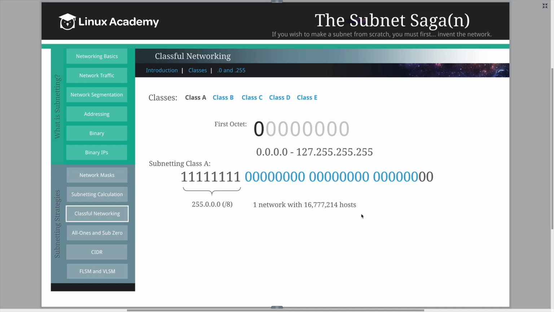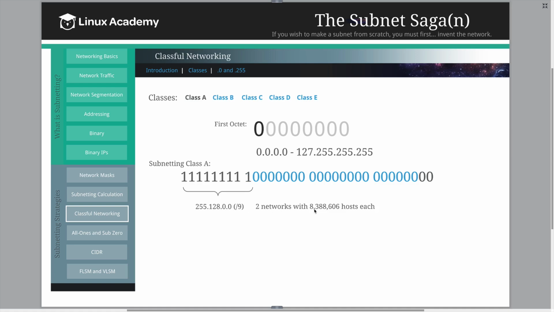So we can borrow some bits from the host portion of this Class A network. We can't mess with the network portion because that's the master network. But if we're subnetting it down, we can borrow some host bits from the host section. What if we want to mask off the first 9 bits, which will be written as 255.128.0.0 or a /9?